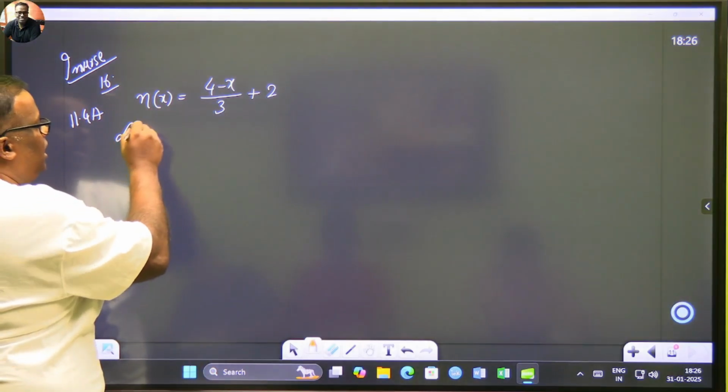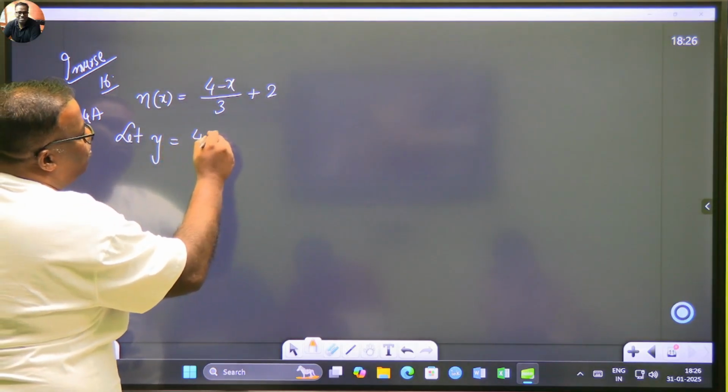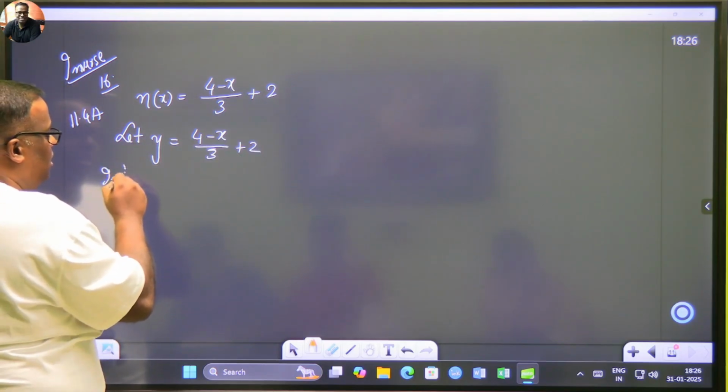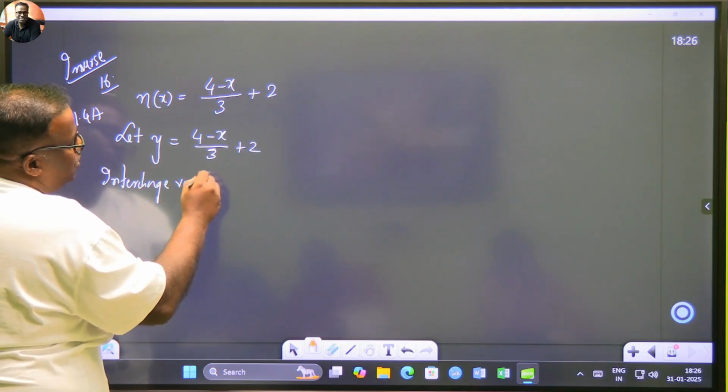So what do we say? Let y be equal to 4 minus x by 3 plus 2. Then the next step is interchange variables. So please interchange the variables.